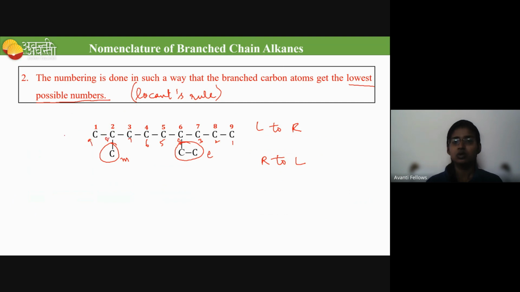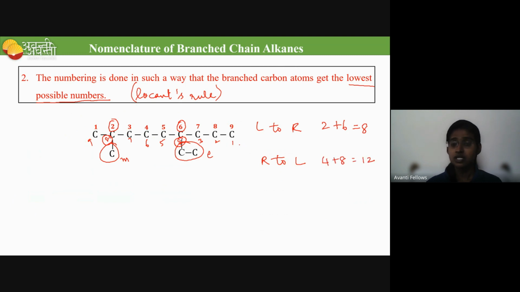In left to right numbering, if I add the carbon numbers to which the substituents are attached, methyl is attached to the second carbon and ethyl to the sixth carbon. So 2 plus 6 is equal to 8. For right to left numbering, ethyl is attached to the fourth carbon and methyl to the eighth carbon. So 4 plus 8 is 12.